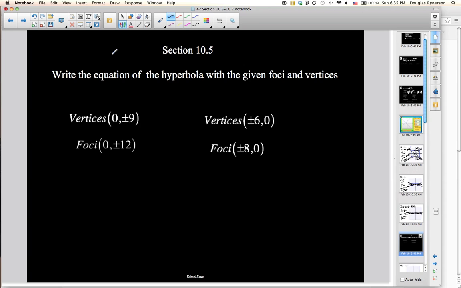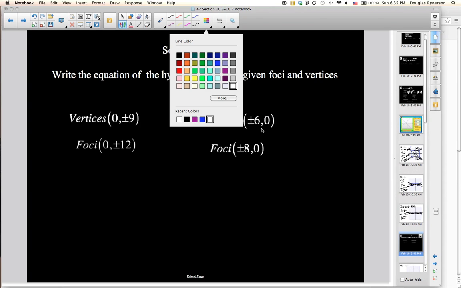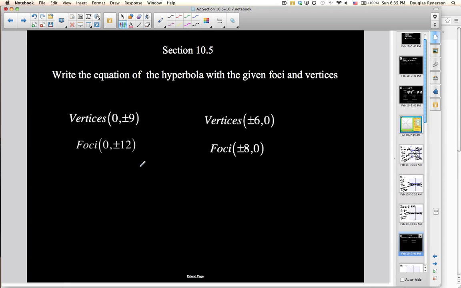Okay, we also want to be able to write equations of our hyperbola given certain information. Remember that if my vertices are at 0, plus or minus 9, meaning there was a vertical move from a center of 0, 0, this is vertically oriented, that means y squared will be first.